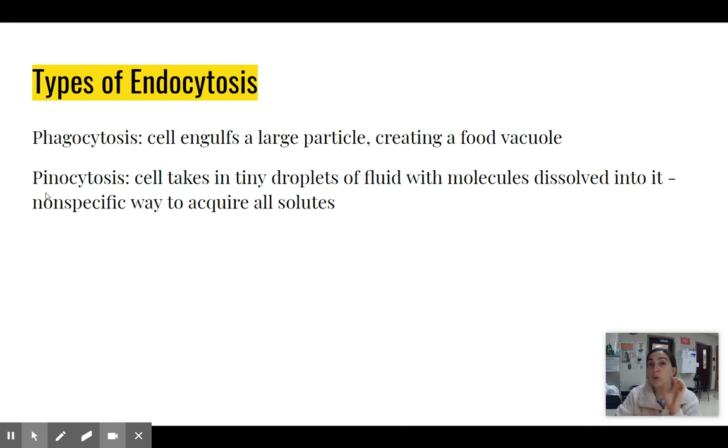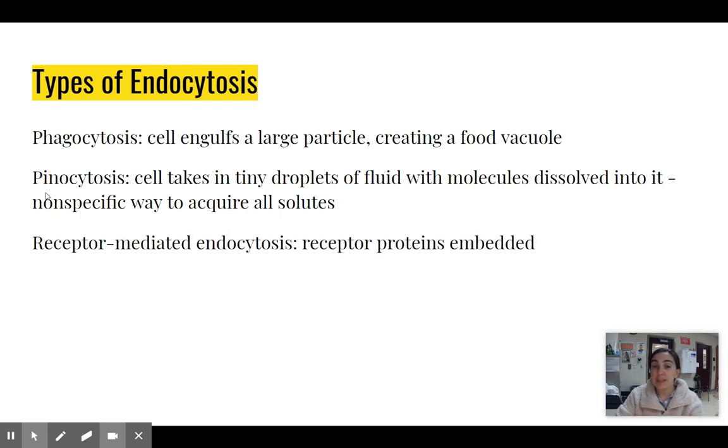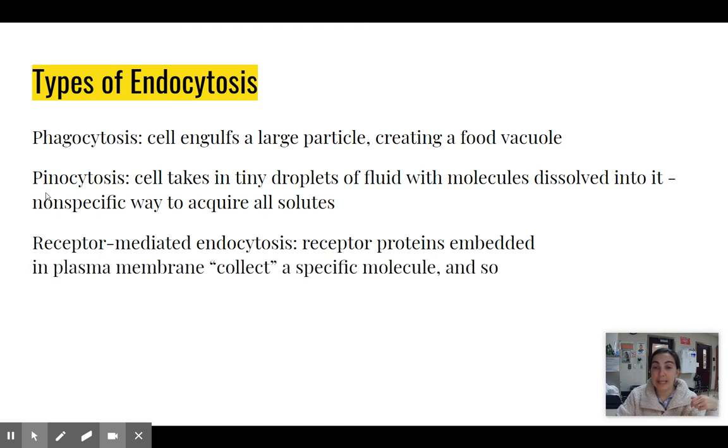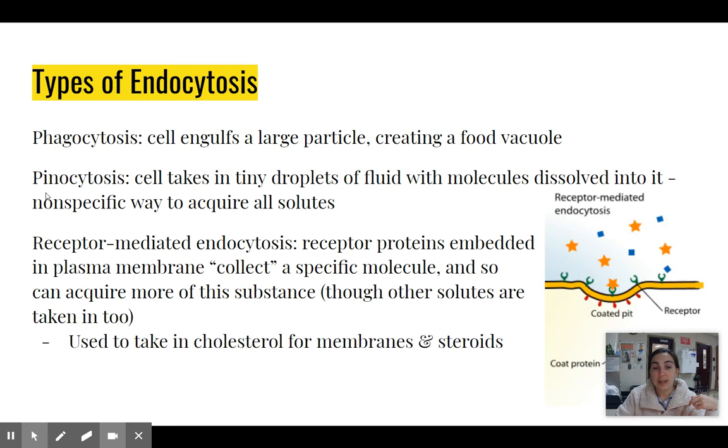If a cell wants one particular molecule more than others, then it will use something called receptor-mediated endocytosis. So here, just let me get this up here so that the picture's up. Here you can see the cell membrane has specific receptor proteins that are all clustered within an area of the membrane. And those receptor proteins in this case are purposely grabbing hold of those star-shaped molecules.